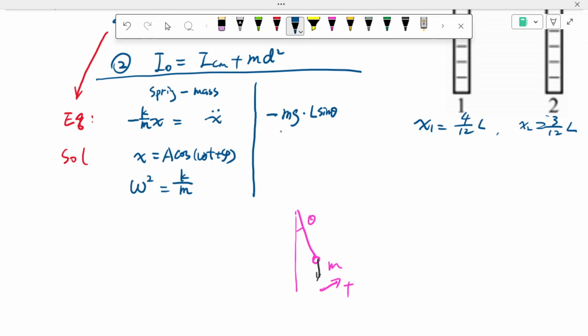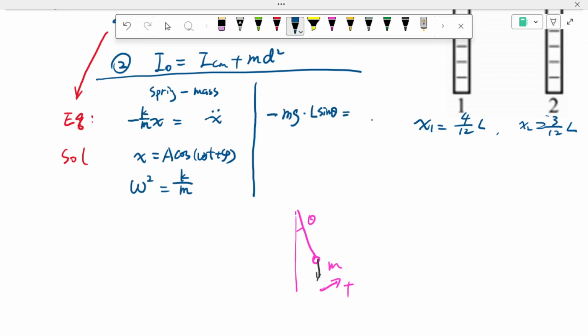Signs are always important. They are very pivotal in all scenarios in physics. So negative signs matter significantly. Here we have a negative sign because the torque is clockwise, which is opposite to the positive direction, which is anti-clockwise, right?